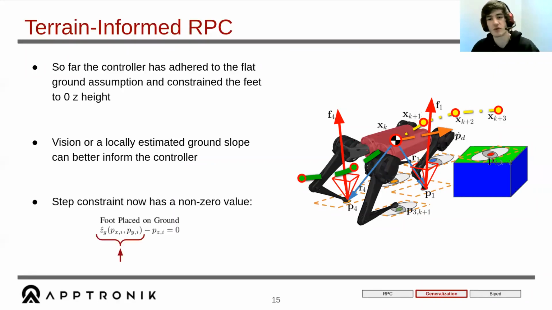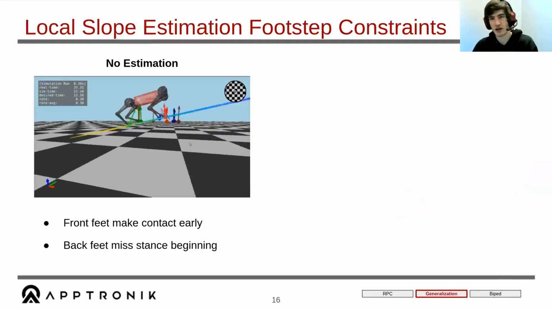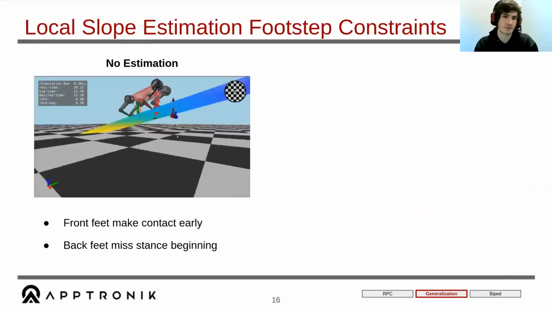And this is, again, very straightforward with the controller that I developed. You basically just have a constraint that used to say step on the 0 ground, and you can just give it some value at the XY location that you're expecting to touch down. It's a very simple addition, a very simple modification, but the results are pretty apparent.